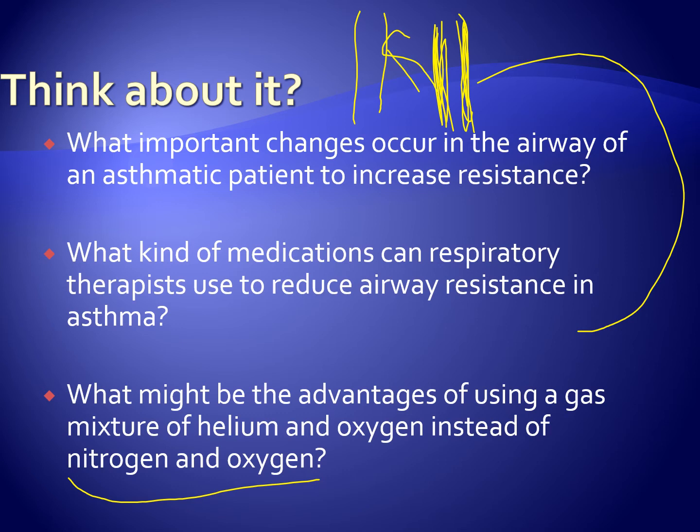Well, the fluid dynamics change because now we have a very turbulent gas flow that's going through this little narrow airway. And if I give them helium with oxygen instead of nitrogen with oxygen, I'm replacing that nitrogen part with helium. Then I'm reducing turbulence.